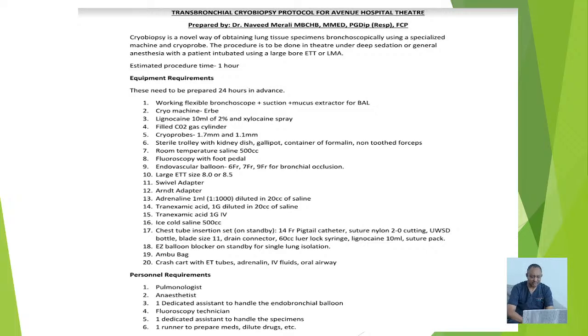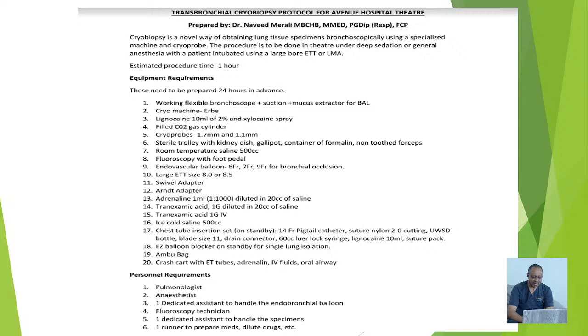Here we're using pigtail catheters and ultrasound, so that in case our patients get pneumothorax, we are able to intervene quickly. In terms of personnel requirements, we usually will have a pulmonologist, an anesthetist, a dedicated assistant to handle the endobronchial balloon, a fluoroscopy technician to deal with the fluoroscopy.